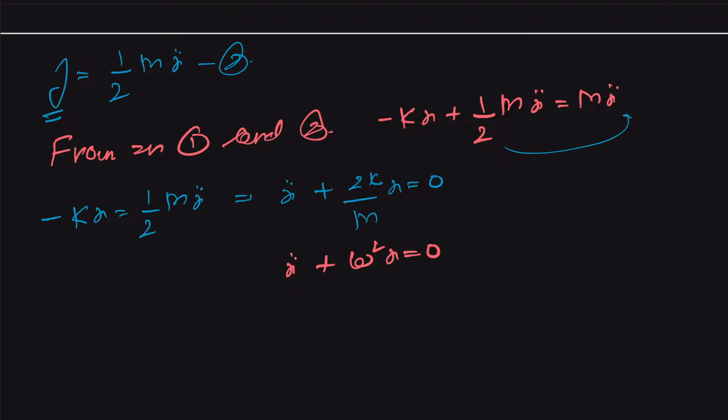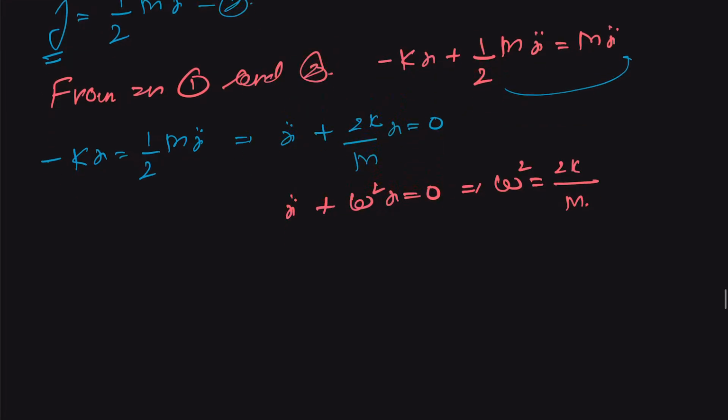So by one-to-one comparison, this gives us omega square is equal to 2k upon m, or omega is equal to the square root of 2k upon m.